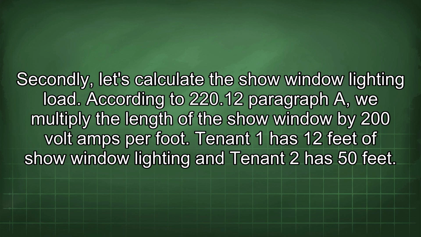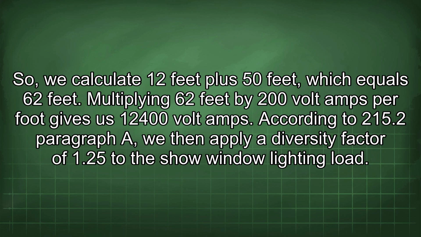According to 220.12 paragraph A, we multiply the length of the show window by 200 volt-amps per foot. Tenant 1 has 12 feet of show window lighting and tenant 2 has 50 feet. So, we calculate 12 feet plus 50 feet, which equals 62 feet. Multiplying 62 feet by 200 volt-amps per foot gives us 12,400 volt-amps.